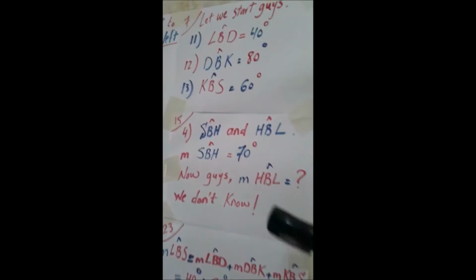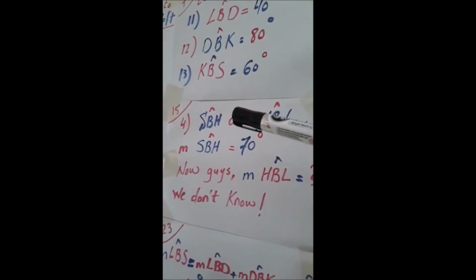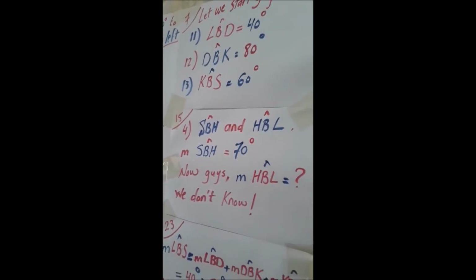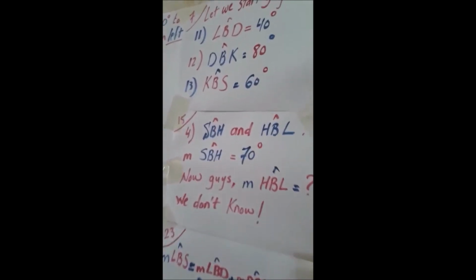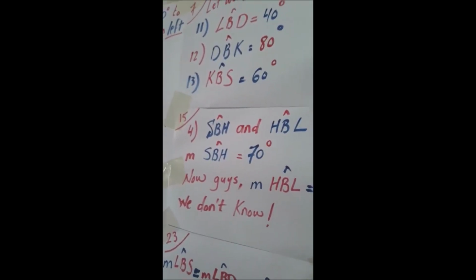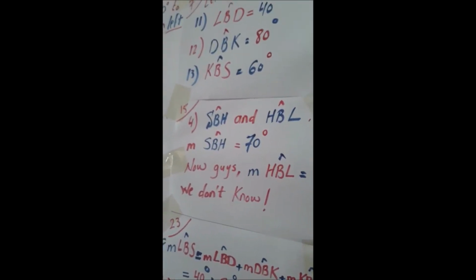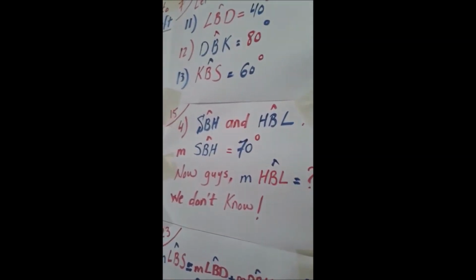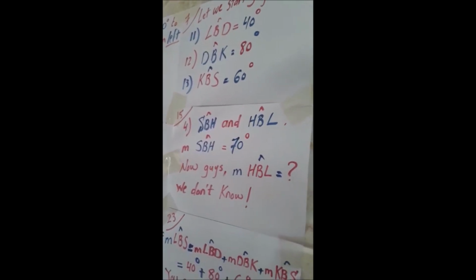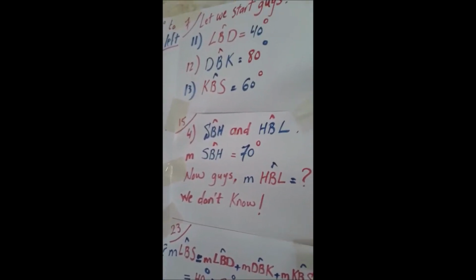Then we will go to the fourth pair, the angles SBH and HBL. We know that the measure of SBH is 70. But here, guys, we have to look for the measure of angle HBL or LBH, and we don't know what we will do.